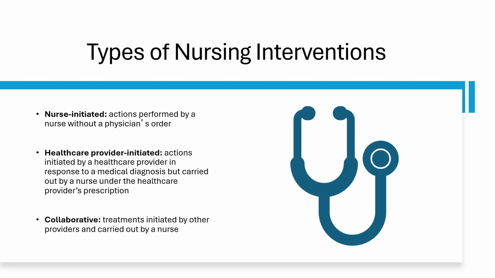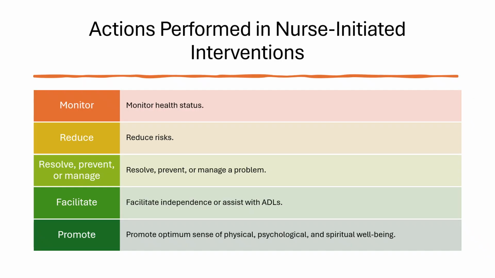A key takeaway here is that effective nursing care blends independent action, provider collaboration, and teamwork. Knowing which type of intervention to use and when is essential to safe, patient-centered care. Here you see just a summary slide of some nurse-initiated interventions.